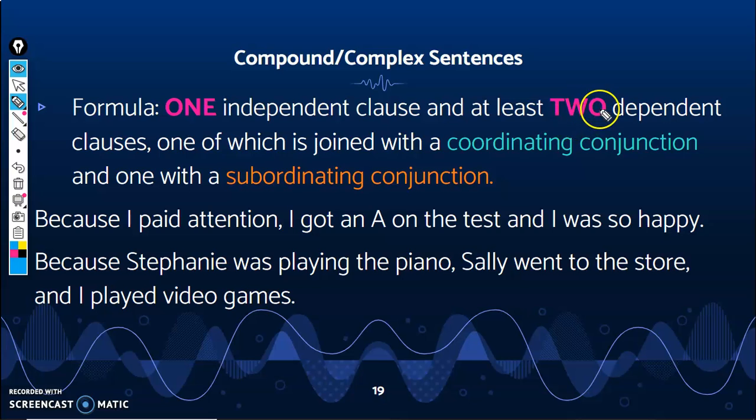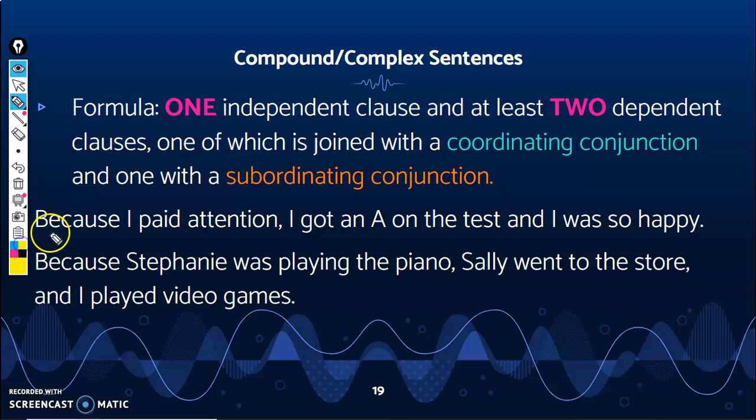The key here, though, is that it's not 2 dependent clauses that are the same. One has to use a coordinating conjunction and one has to use a subordinating conjunction. So this is where you get the compound, meaning you're using coordinating conjunctions, and complex, meaning you're using subordinating conjunctions. So you're joining all 3 styles into one sentence.